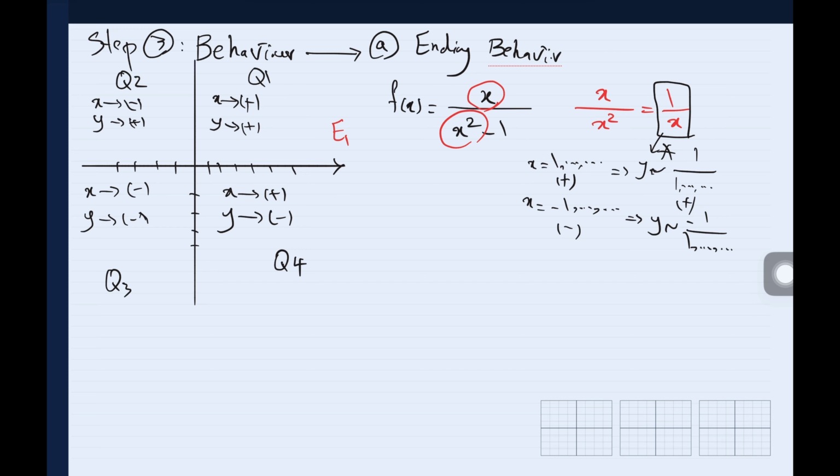So it means another ending behavior of my function is going to be in Q3. So I call this E2 as the second ending behavior. So it means if I want to graph such a function, I have to know how the ending behavior of that function would be.